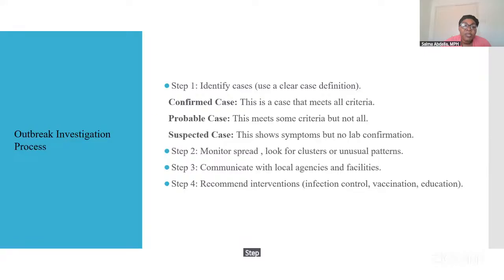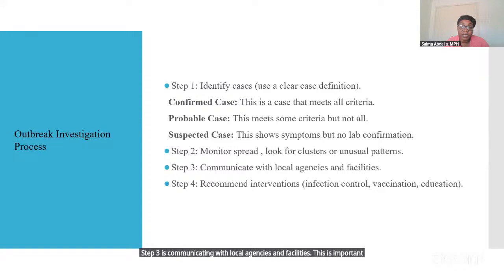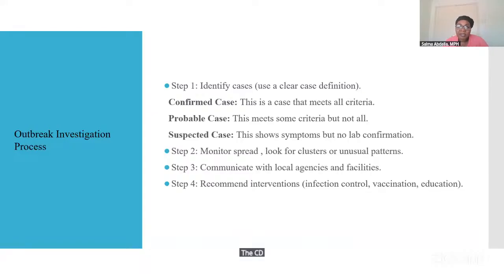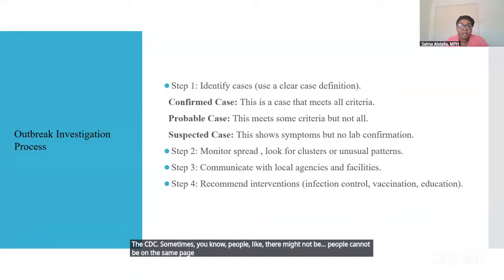Step three is communicating with local agencies and facilities. This is important, communicating with other agencies, local public health authorities, and the CDC. Sometimes people cannot be on the same page, because I remember it was very confusing, with how everything was changing rapidly. So it's important for everybody to be on the same page.